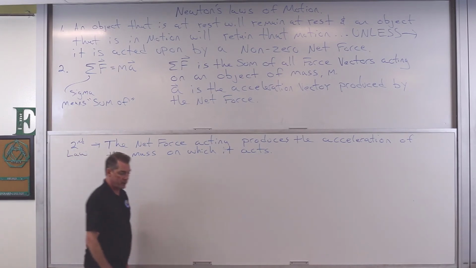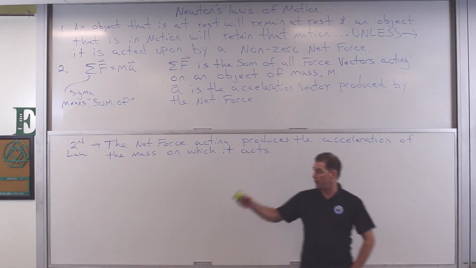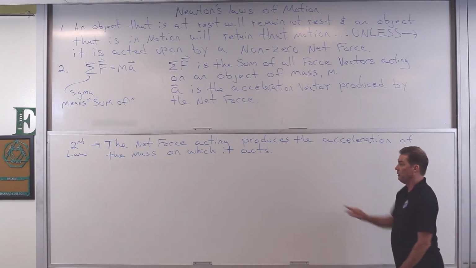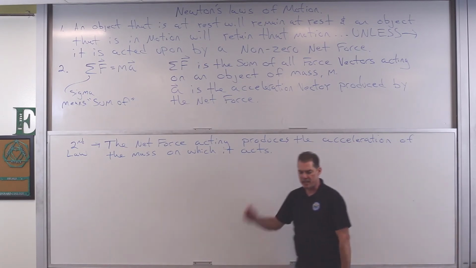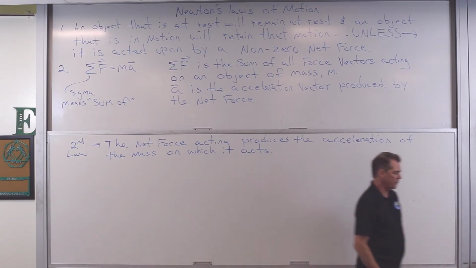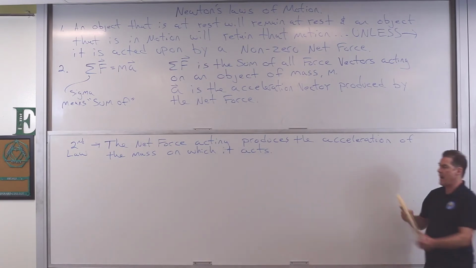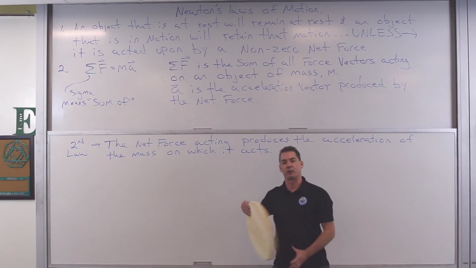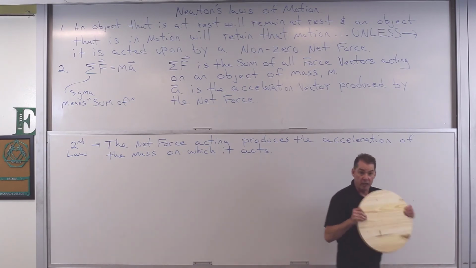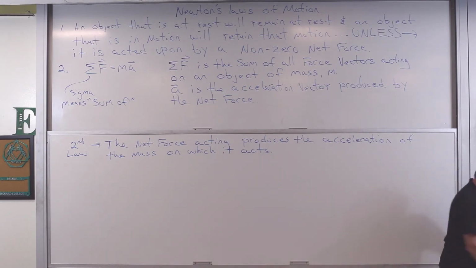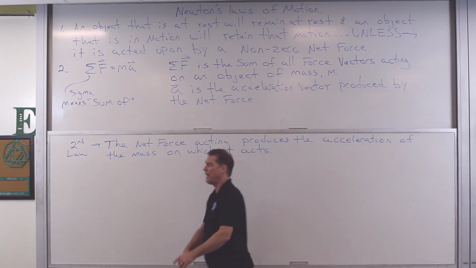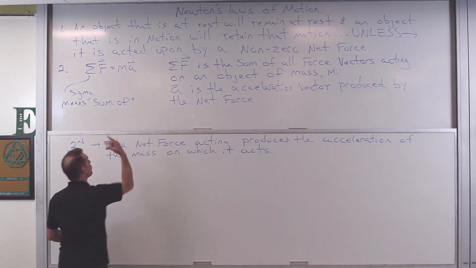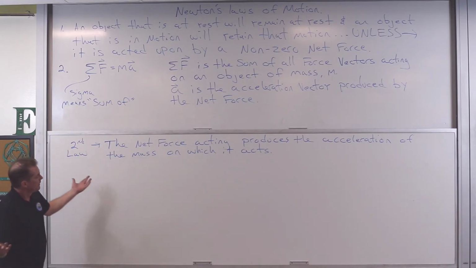You think about taking this ball and bringing it from rest to some velocity of, whatever, 15 meters per second, and then trying to take something that's substantially more massive and doing the same thing. No, I'm not going to throw it. It's harder to make this one go just as fast as I made that little ball go, because there's more mass that I've got to exert that force on in order to produce that same acceleration.